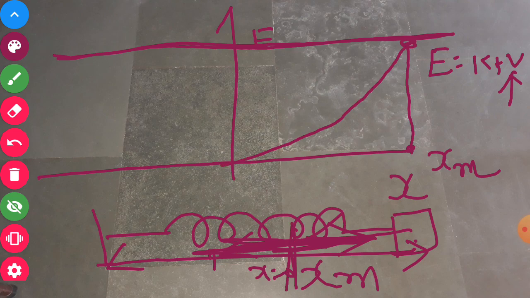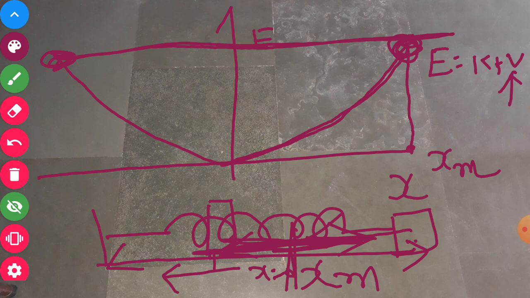At x equal to 0 it becomes 0. Then again on the left hand side the energy increases. Try to understand the example of the swing. When you are on the swing at an extreme position, either backward or in front, the energy is totally potential energy. When you come to the mean position, the potential energy reduces, again it increases, and this process goes on.